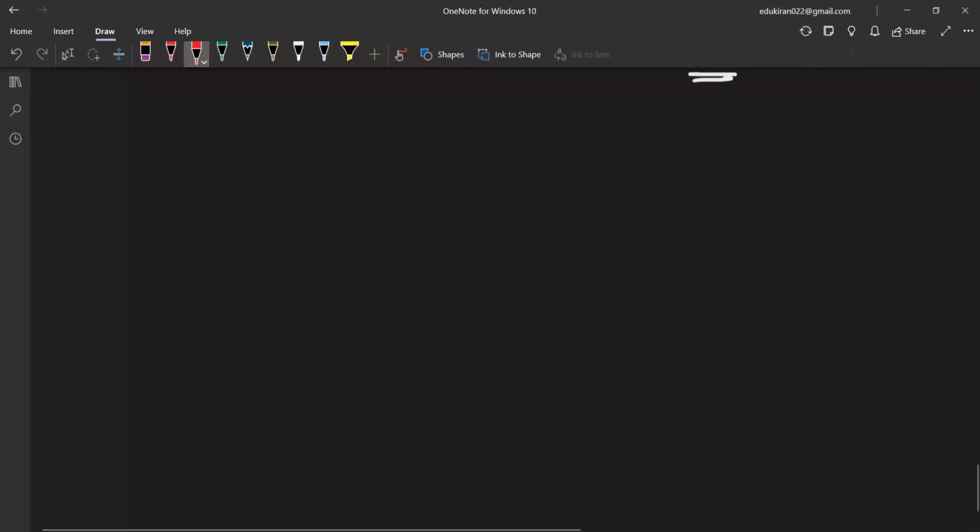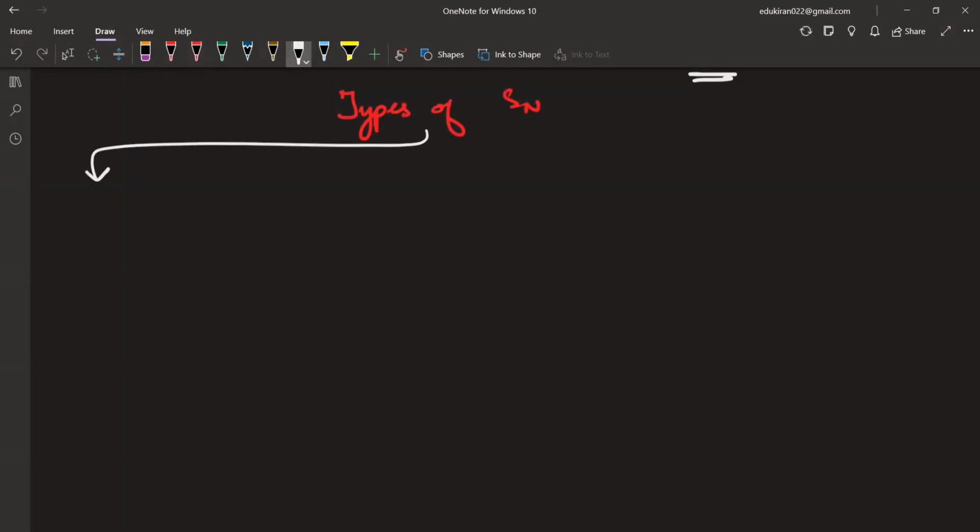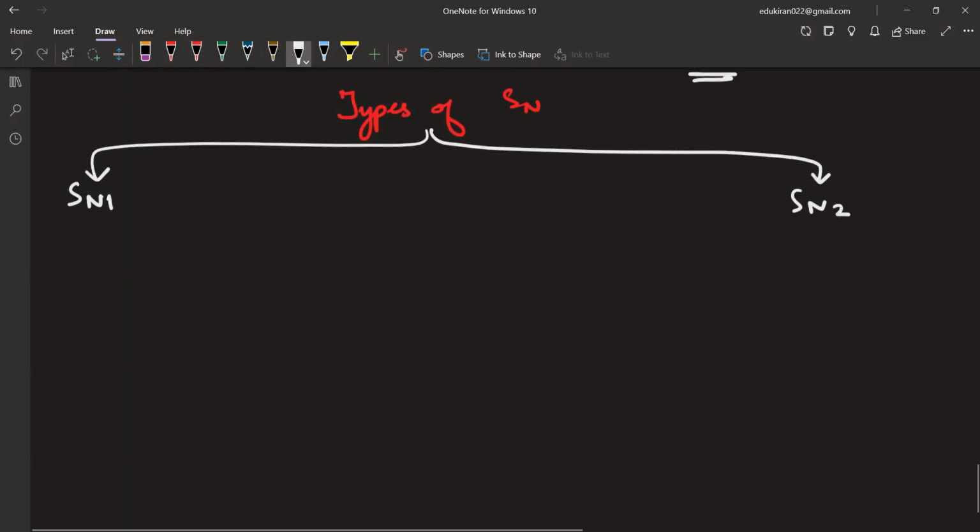You will write the types of Sn. ऊपर वाला कुछ नहीं लिखना था. आप लिखिएगा types of Sn. Sn1, Sn2. Write the number 1.